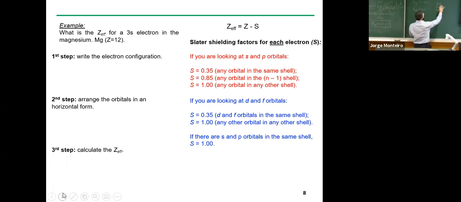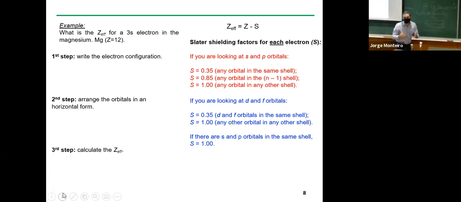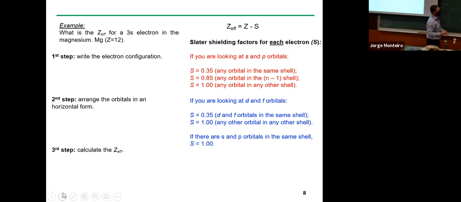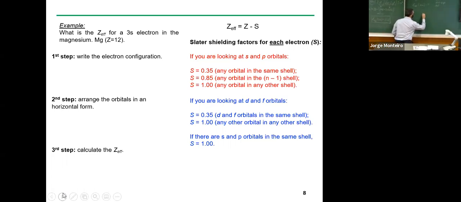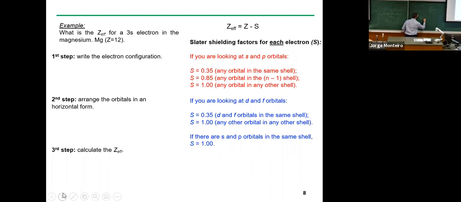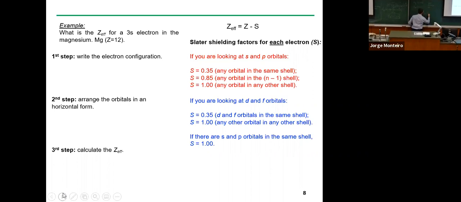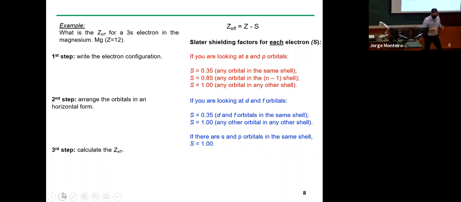Okay, so now that we have the electron configuration, we will arrange the orbitals in a sort of linear order here. So we have here the nucleus with a 12 plus charge, and right in front of the nucleus, 1s2. After that, 2s2 and 2p6. And then here is the detail, and that will answer the question.